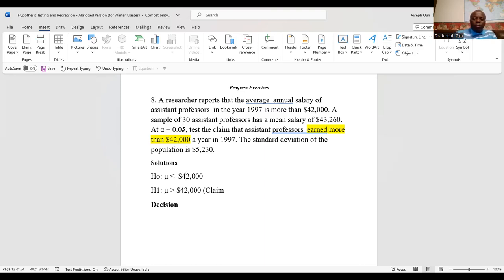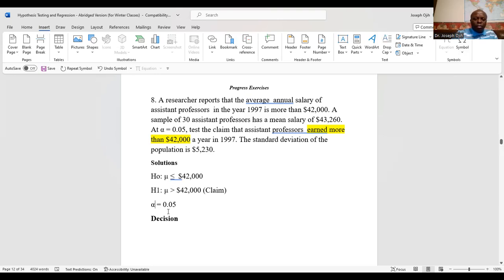Now, once you state the hypothesis and identify your claim, the next thing to do is to find the critical value. So for the critical value, it says to use alpha 0.05. You can see already alpha equals 0.05.